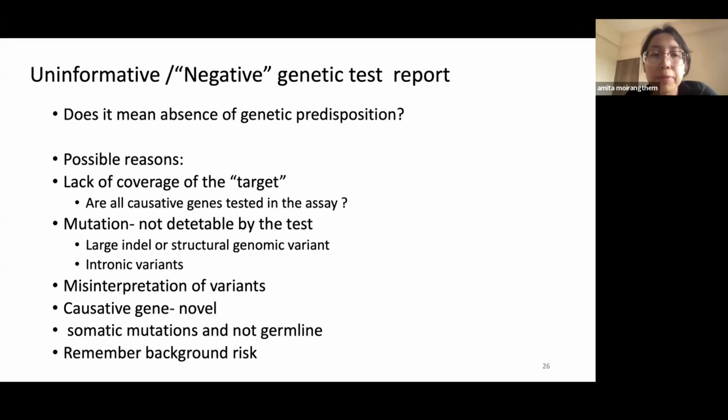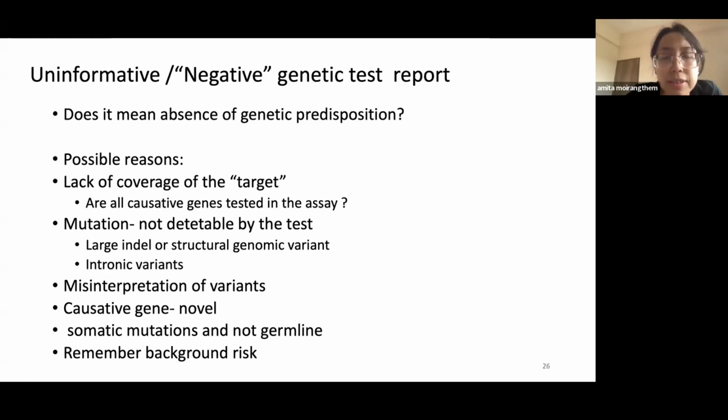Sometimes there may be misinterpretation of the variations because of algorithm abnormalities, errors in the software, etc. Sometimes the genes might be novel. Sometimes the mutations might not be germline. That means it is not an inherited mutation, but rather a somatic mutation, so we will not find a mutation in the blood sample which we have used.